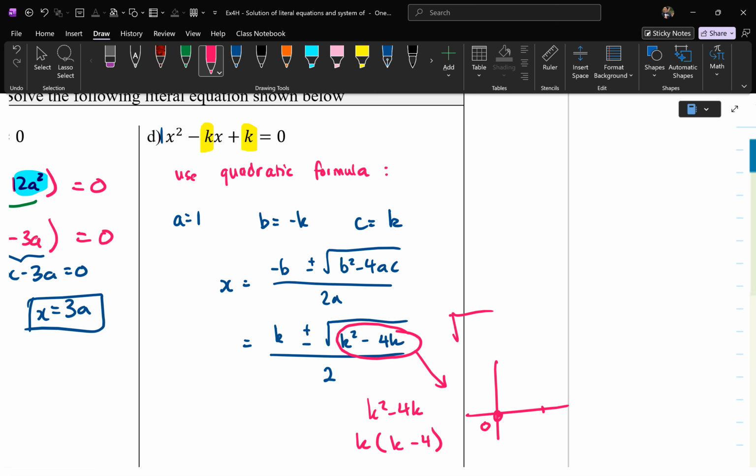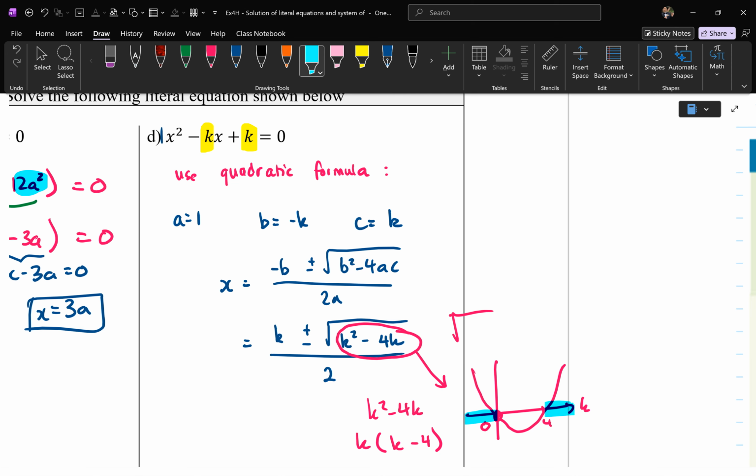So it's 0 and 4 for k, and it's a positive graph. So between 0 and 4, k will be negative. The answer will be negative, and so therefore you wouldn't have a value at all. So you'll need k to be greater than 4 or less than 0 for that to work.